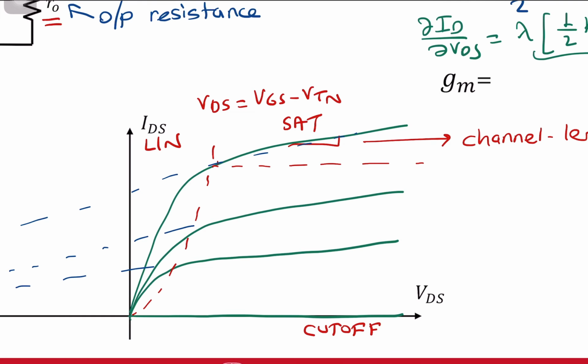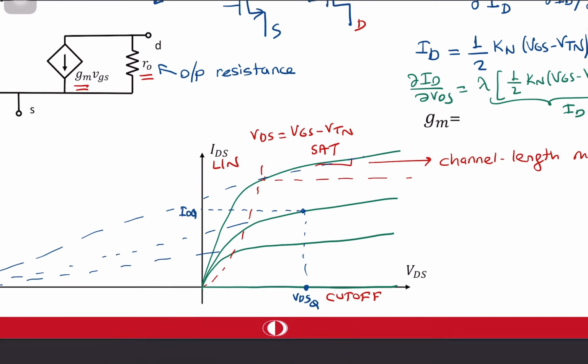So if you know the operation point or bias point, let's say that your transistor is operating at VDSQ and giving you some IDQ value, and in the previous stage we made DC analysis and we find this. Now we know VDSQ and IDQ, and therefore now you should be able to find the slope in here.